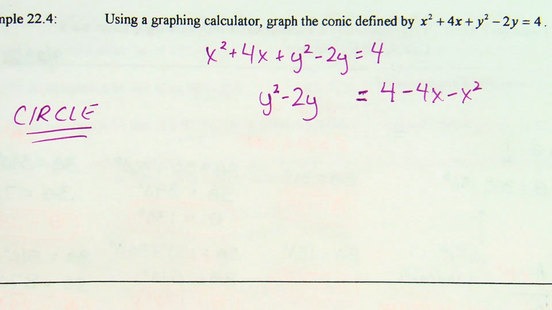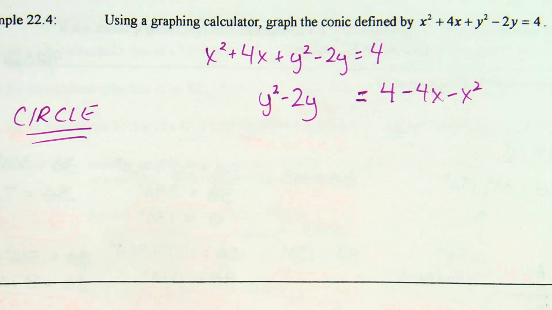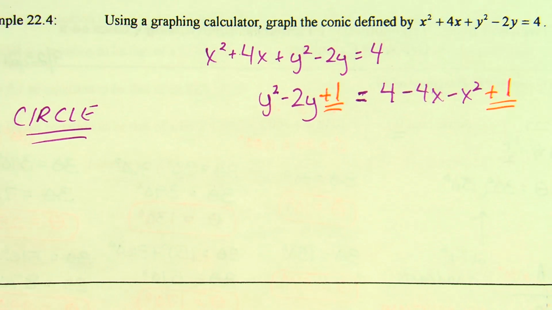So, I gave you the hints, didn't I? 1, negative 1 squared is 1. If I add 1 on the left, you're adding 1 on the right. The whole point of that process is the left can now factor into a perfect square.